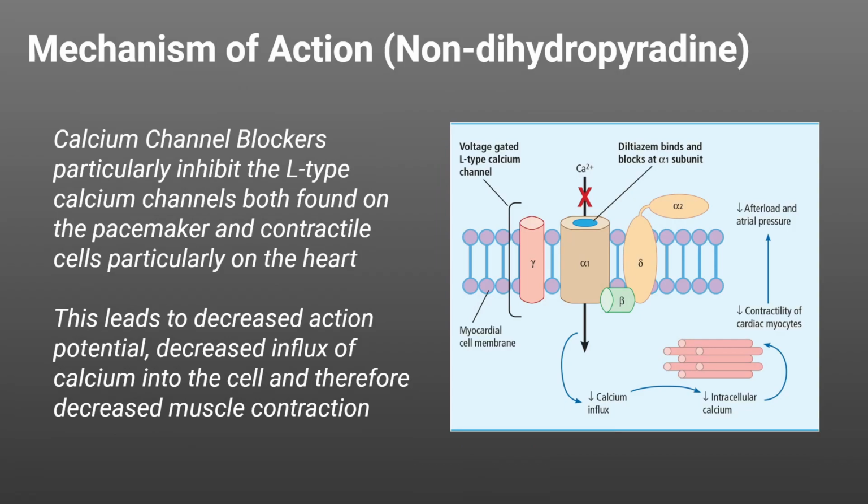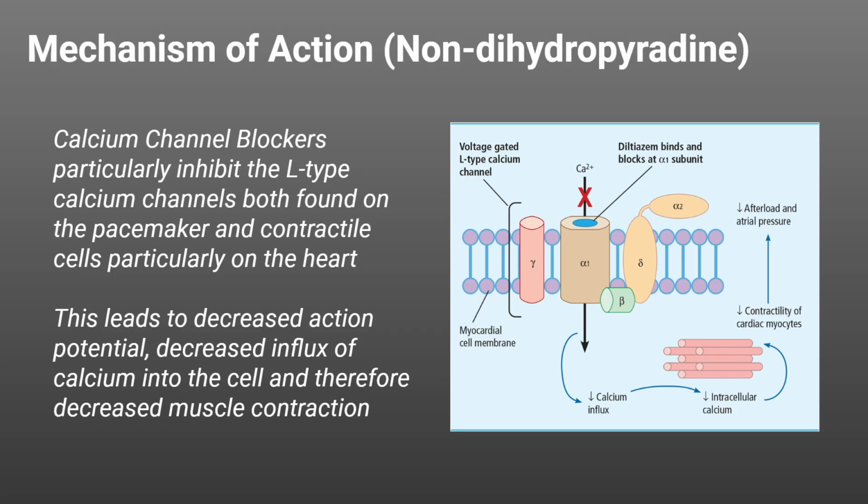Now, as I said earlier, calcium channel blockers inhibit the L-type calcium channels, both found on the pacemaker and contractile cells of the heart. So now this leads to decreased action potential, therefore decreased influx of calcium inside of the cell, and therefore decreased muscle contraction.